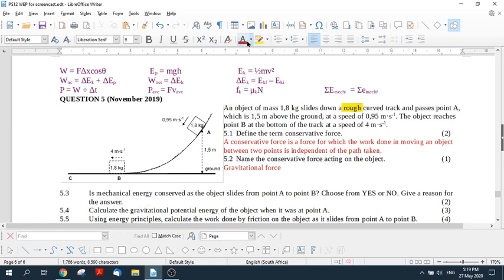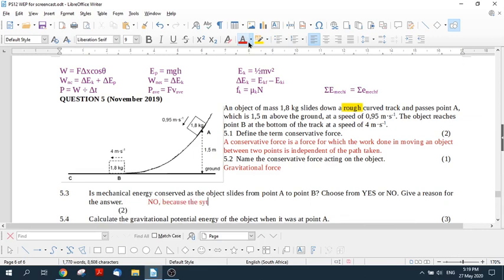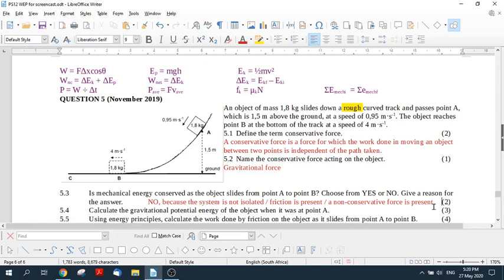So mechanical energy is not conserved, no, because the system is not isolated, or you could say friction is present, or a non-conservative force is present. So you can say friction or a non-conservative force or the non-conservative force of friction, so long as you say no and that you point out that there's something that is going to take energy out of the system.